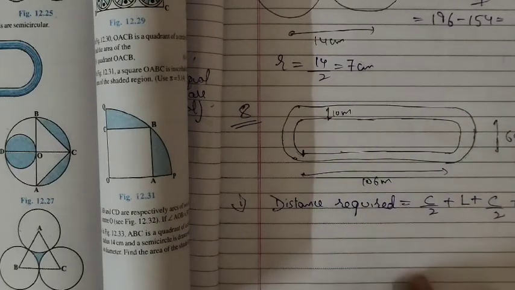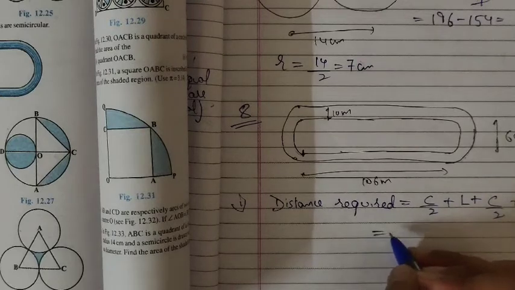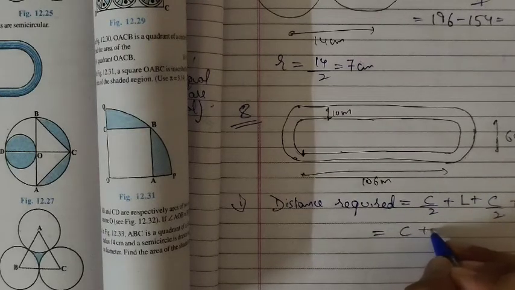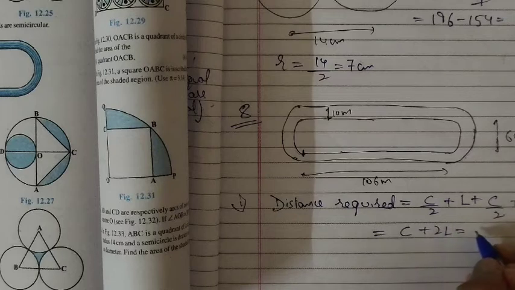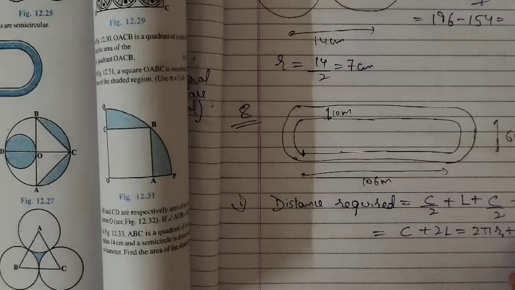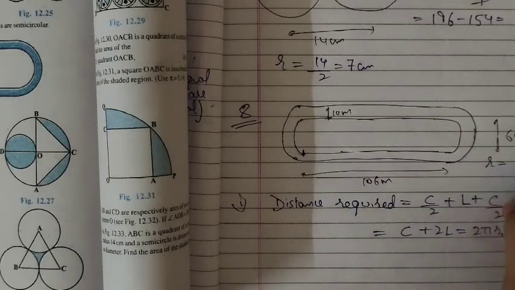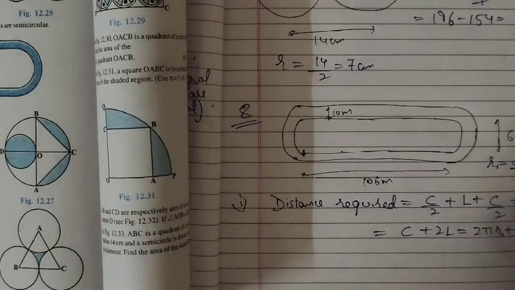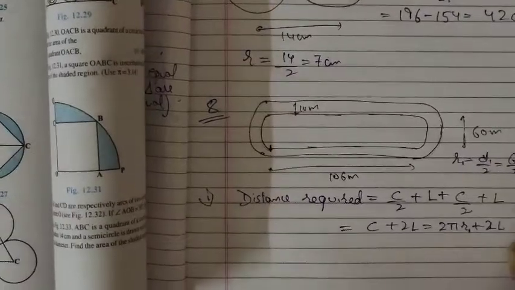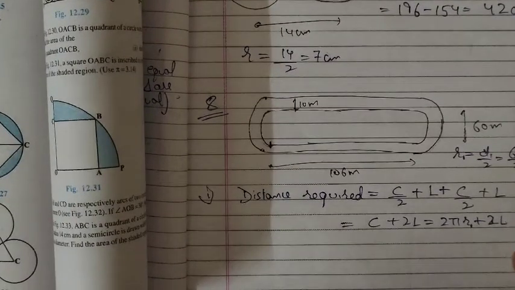So we can simply say it is C by 2 plus C by 2, that is C, plus 2L. Now the circumference of a circle is 2 pi r1, because we have to take the inner radius, plus 2L. Now the radius r1 is equal to d1 upon 2, so 60 upon 2, 30 meter. So the radius is 30 meter.